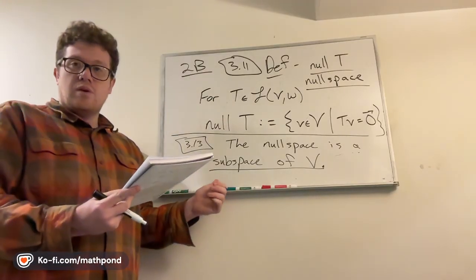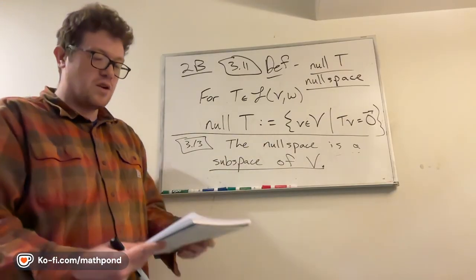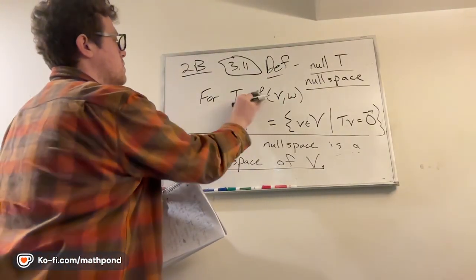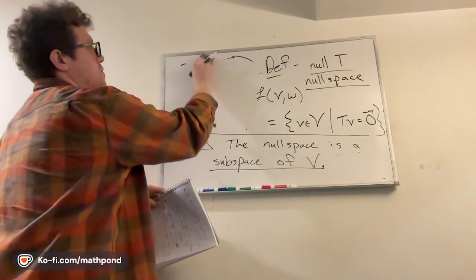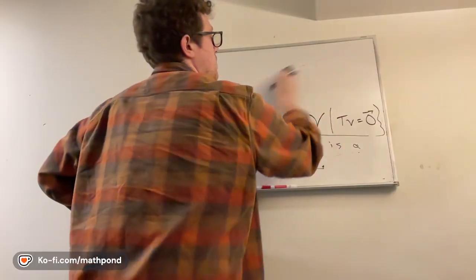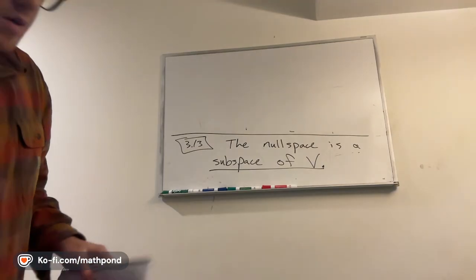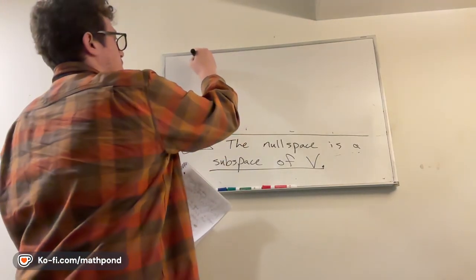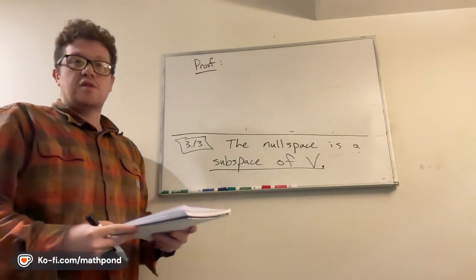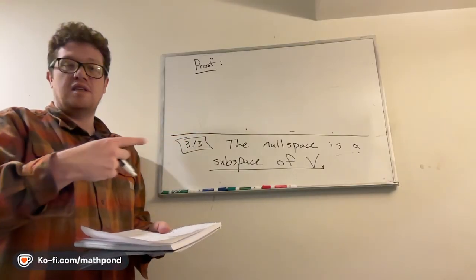So let's prove really quick that this is actually a subspace. The proof is really simple, so it should go very quickly. We're just going to use the properties of 0, the fact that 0 plus 0 is 0, and the fact that T is a linear map.